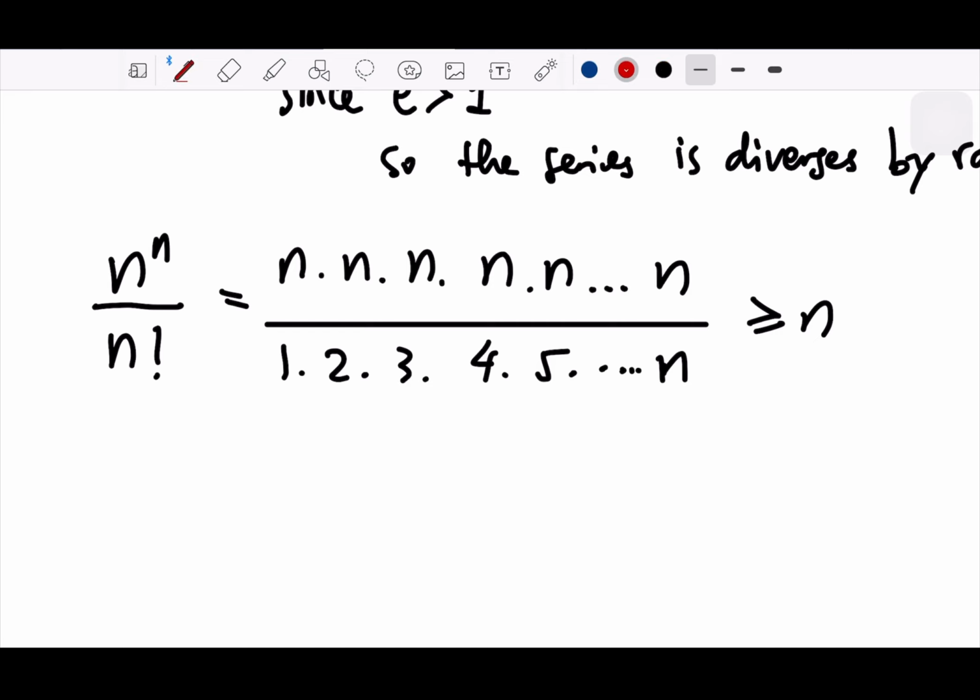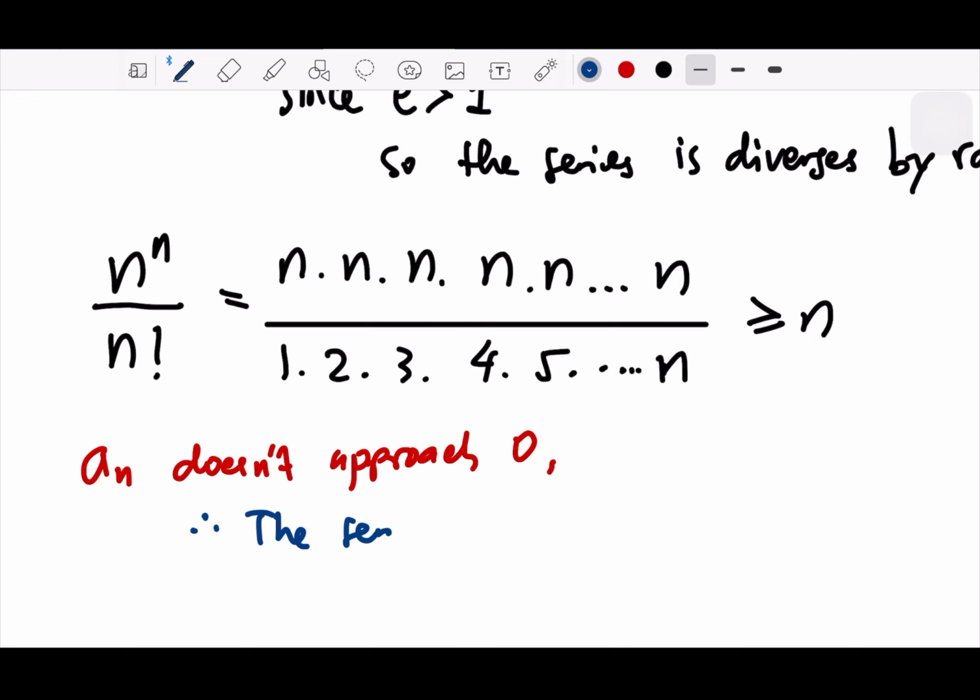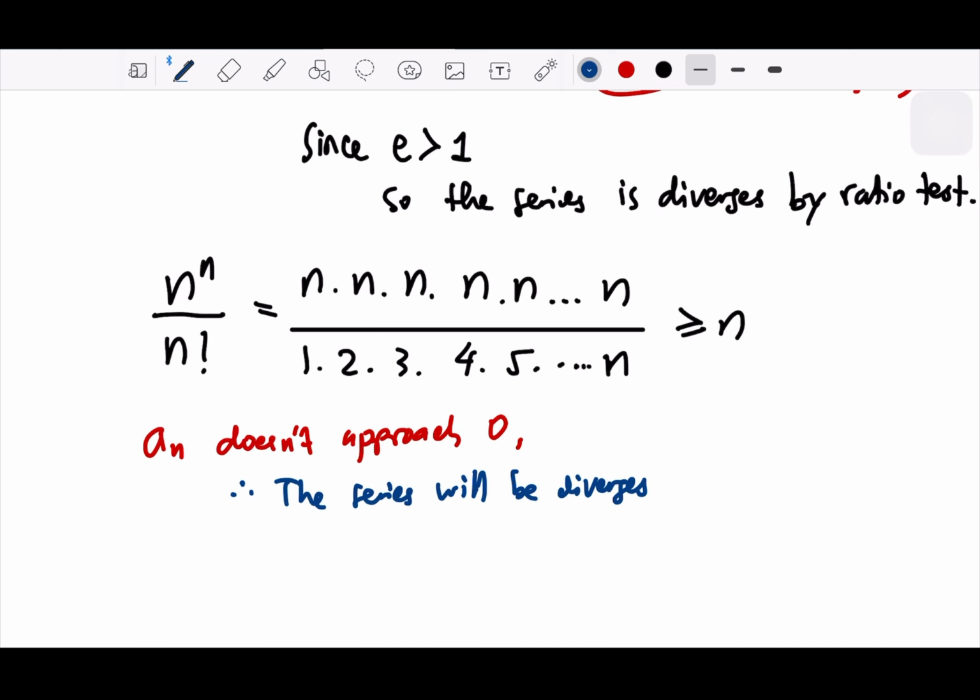Or you can say a_n doesn't approach 0. So the series will diverge. This is actually the divergence test, but with some explanation on this ratio.